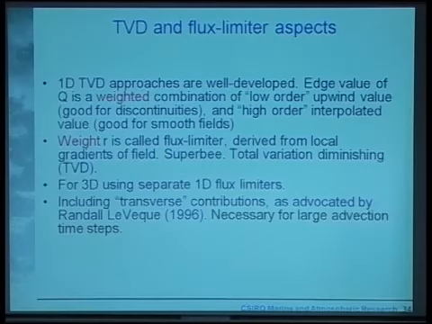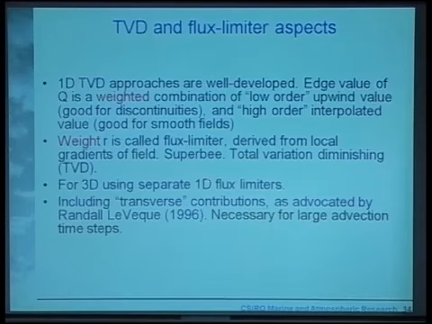So in one dimension you've got the TVD type approaches, they're well developed, and you produce low order upwind fluxes and high order fluxes, and you use a flux limiter to combine them with some weight, which is called the flux limiter. Using mostly the superbee limiter but the others are available.